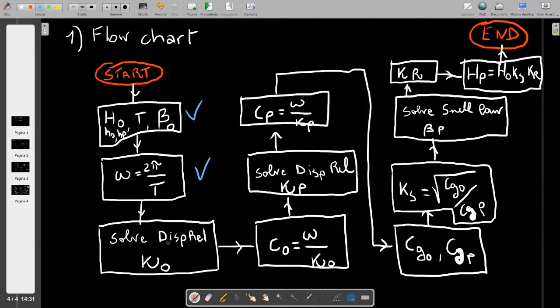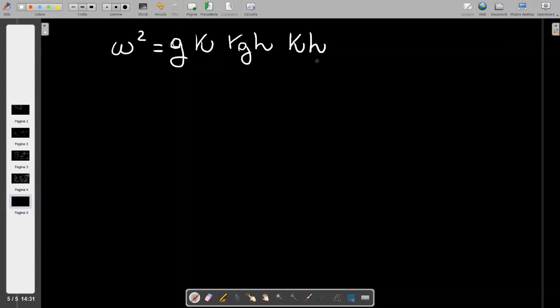Then we need to solve the dispersion relationship. The dispersion relationship, we can write here, is omega squared is equal to gravity acceleration times k times hyperbolic tangent of kh.